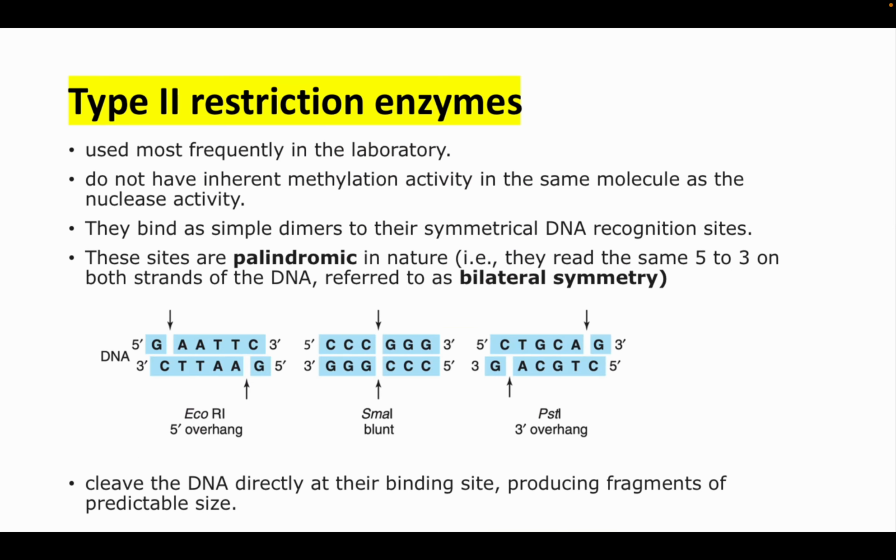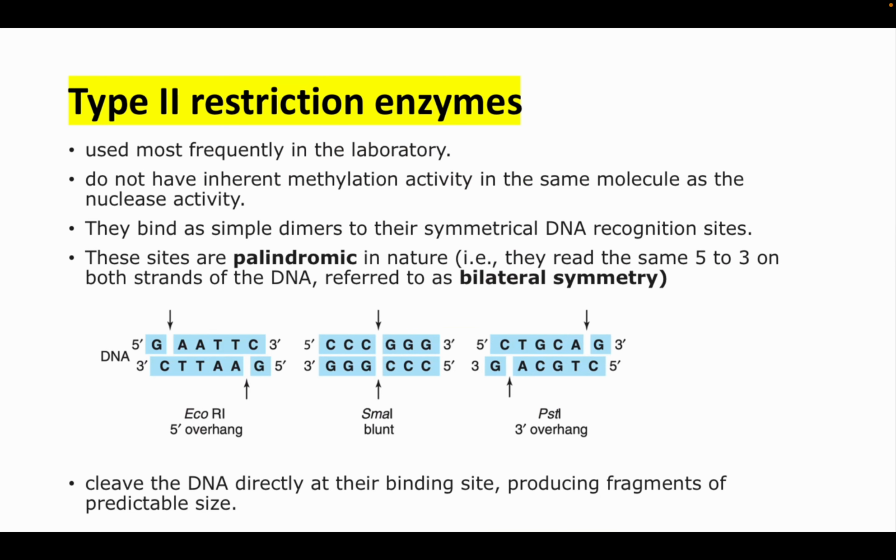For type 2 restriction enzymes, take note, class, I have mentioned palindromes, and among the types of restriction enzymes, it's usually the type 2 that exhibit recognition of palindromes. Also take note that type 2 restriction enzymes are usually found in all prokaryotes, but sometimes they can also be found in eukaryotes.